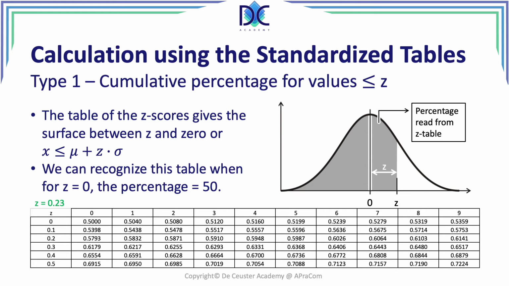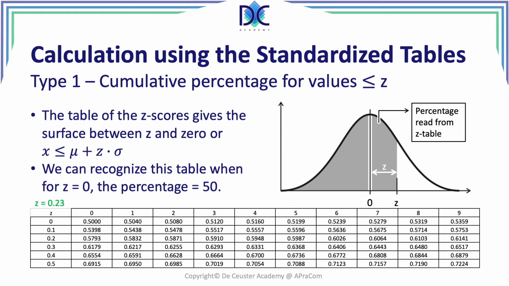So basically, the table doesn't start from 0. It typically starts from -4, because from there the values are very low, up to +4. Around +4, you will have a probability of 1. So basically, we see that these tables are limited from a negative z value up to a positive z value.